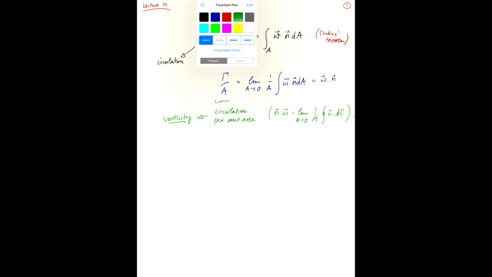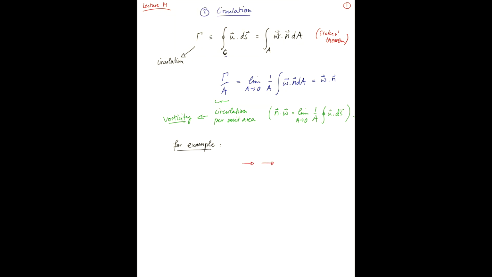So, for example, consider a flow field that's uniformly in one direction. So these are our u vectors. And now we consider some closed loop around it.